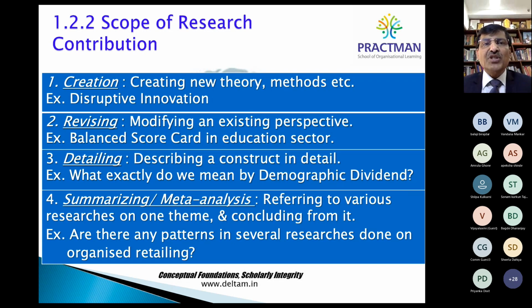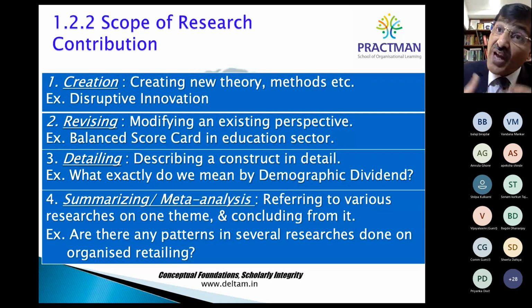Now, this is something which is used in corporates. If somebody thinks, if I have to use it for measurement of performance of a university, then how to do that? So he's not creating something new afresh, he's just revising. So that also is a scope of contribution.